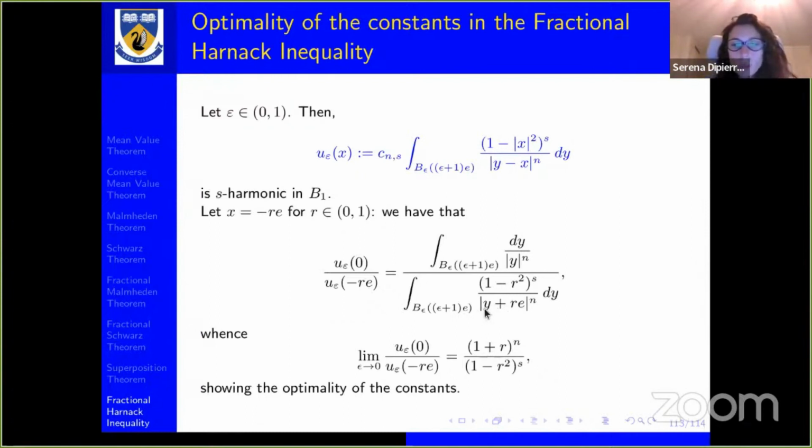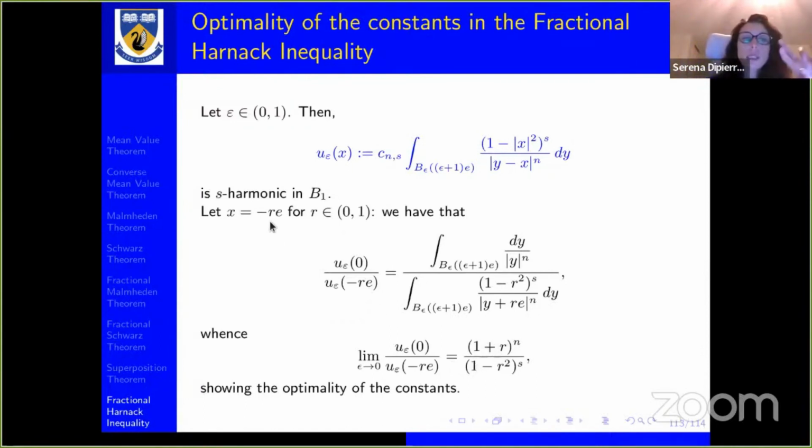You have to use basically the Lebesgue differentiation theorem to actually do this limit precisely. But the idea is that epsilon is going to 0, so y is essentially going to e. And so here I have the norm of e, which is 1, and then 1 plus r to the power n, which is this one here. And this is exactly one of the two optimal constants.